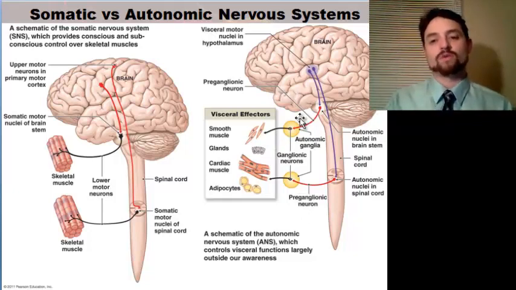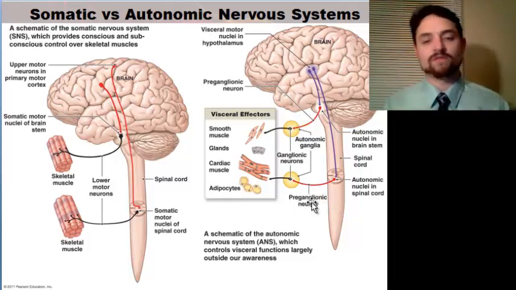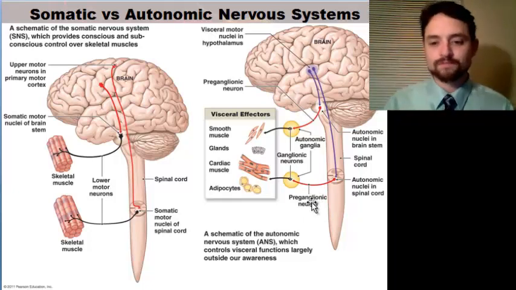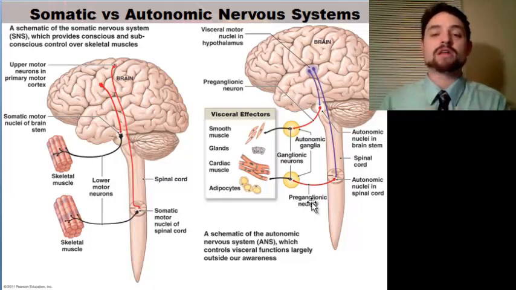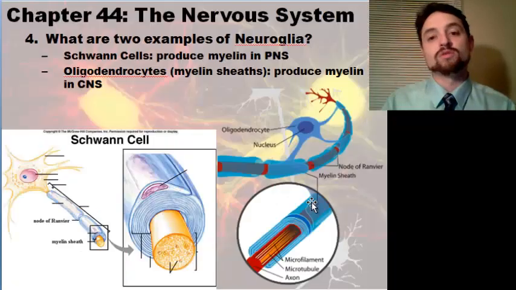And there's also, of course, an area up high for the upper part of your body, and then an area down lower somewhere in your spinal cord for the other functions that take place. So you can see a little difference between the somatic, which deals with skeletal muscles, and the autonomic that deals primarily with the smooth muscles.